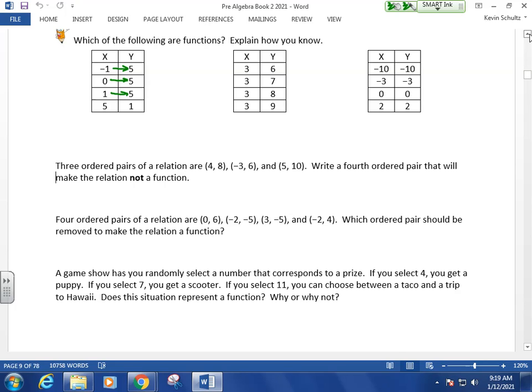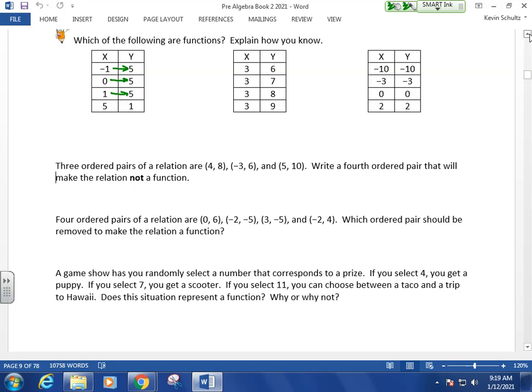And if you said this was not a function, you probably saw these 3 5s here and said, ooh, that's a lot of repetition there. Can't be a function. But remember, what this is saying is that 3 different people all share the same birthday. That's fine. There are 3 different x values here that all have a value of 5, but that's okay because x does not repeat. We don't care what y does. Okay? We're looking at those x values.